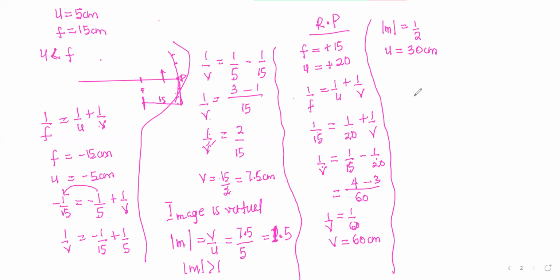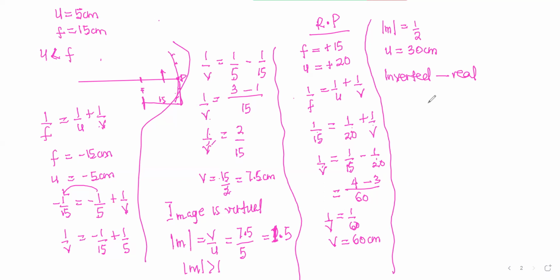But what informs us to conclude that the mirror is concave is that we are told the image is inverted. And the moment an image is said to be inverted, then it is a real image. All real images are inverted. And a convex mirror does not form a real image no matter the object position.